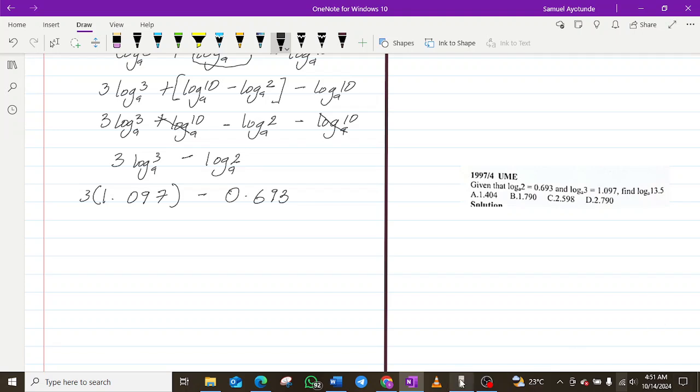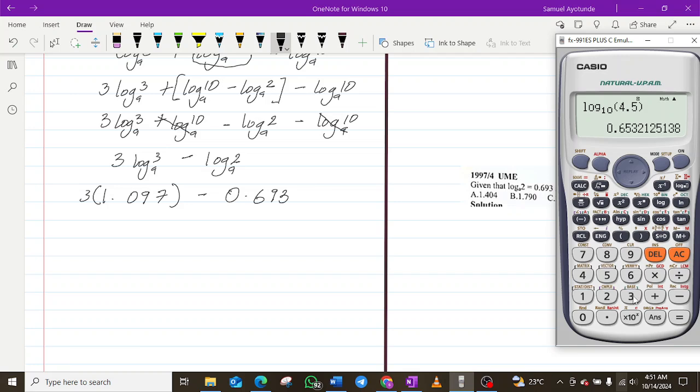So let's use our calculator. 3 in brackets, 1.097 minus 0.693.